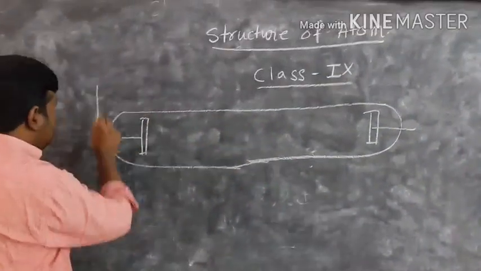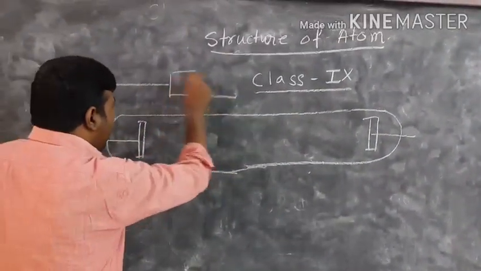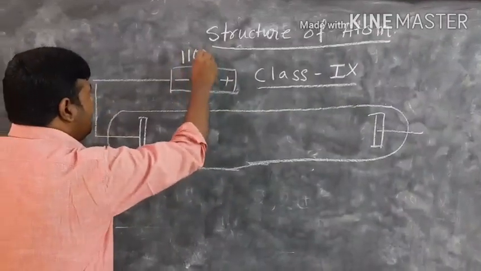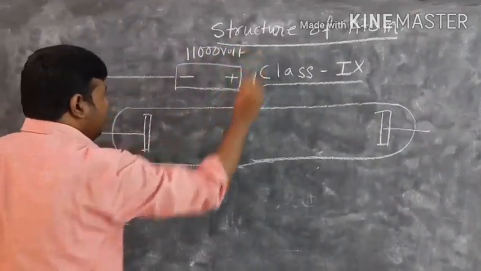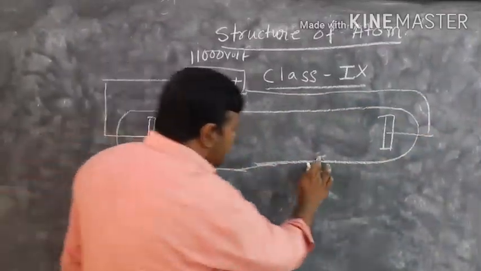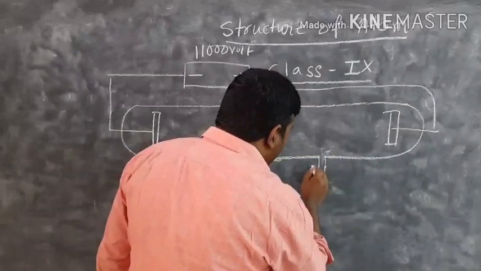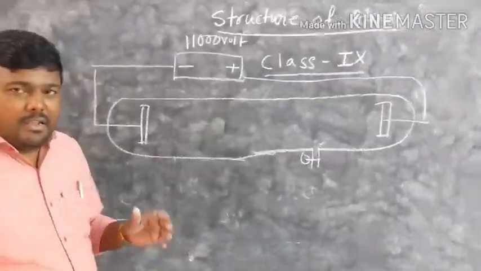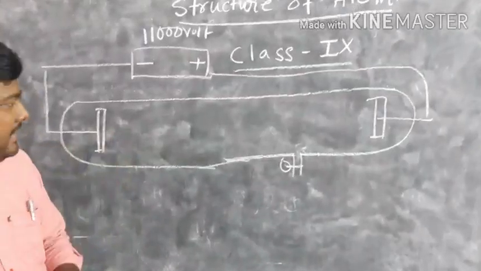These electrodes were connected to a very high voltage electric source, around 11,000 volts. It was also fitted with a vacuum pump which can evacuate the air present inside it. This is the simple arrangement.